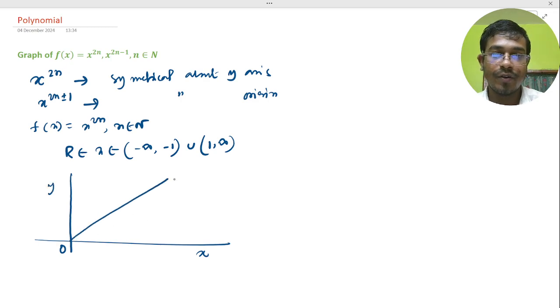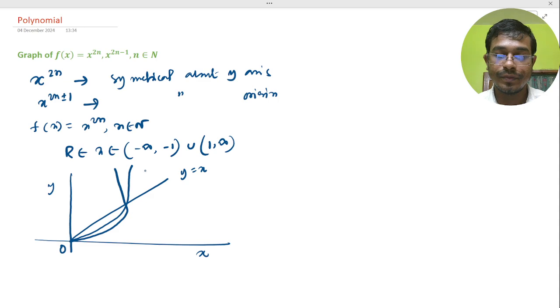This is y equal to x square, and this one is y equal to x to the power 6. This point is minus 1 and this one is 1, and we get y equal to x square, x to the power 6, and so on up to x to the power 2n.